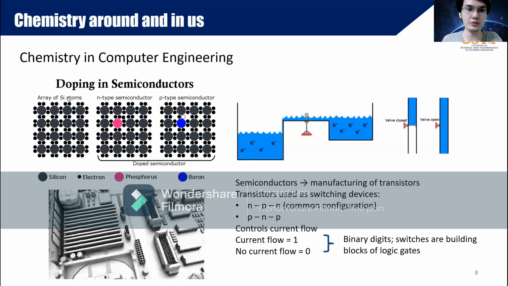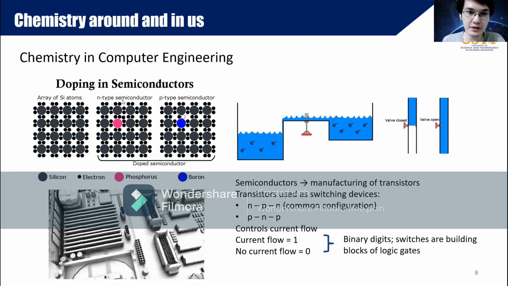Semiconductors are usually made up of silicon atoms. Doping means injecting a foreign material into a substance to improve its performance or properties.